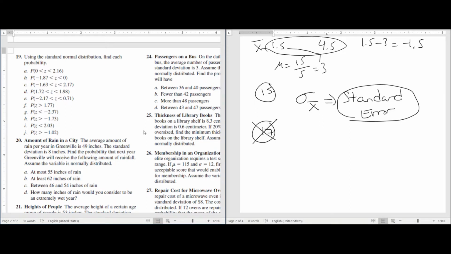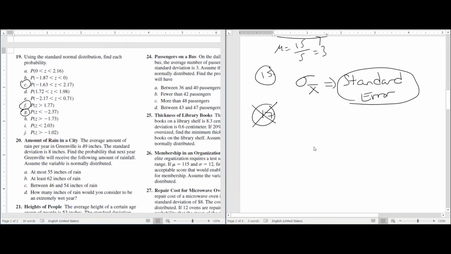I'm going to do one of each type of problem, the greater than one and the less than one, because this stuff was on the quiz. It's just a review. This was on the 6.1, 6.2 quiz. All right, so let's do those.